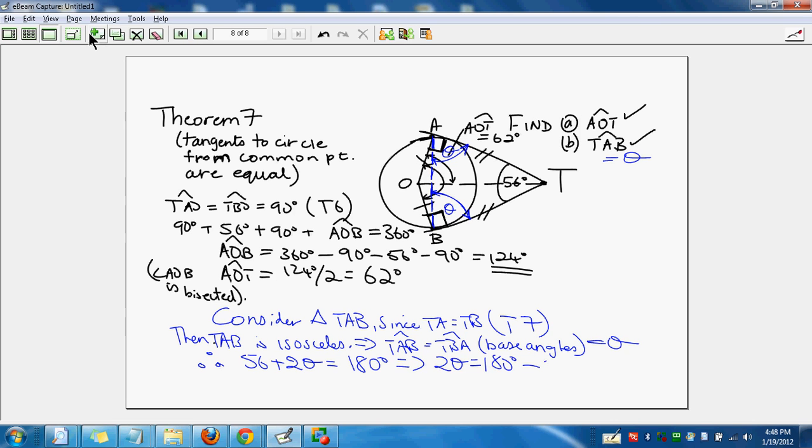And therefore, if we want to get theta now, all we have to do is divide both sides by 2. If we do that calculation, we'll get 62 degrees. And that's our answer, because we know that TAB is equal to theta, and we just solved theta equal to 62 degrees. So that was the solution for that particular problem.